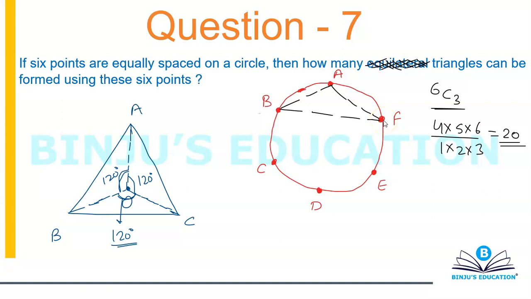So when you use combination, you count this triangle as only one triangle, that is, it's simply triangle ABF. That's it, end of the story.